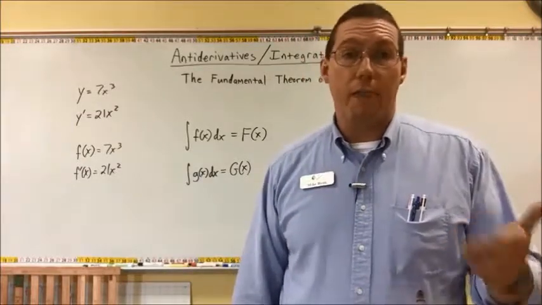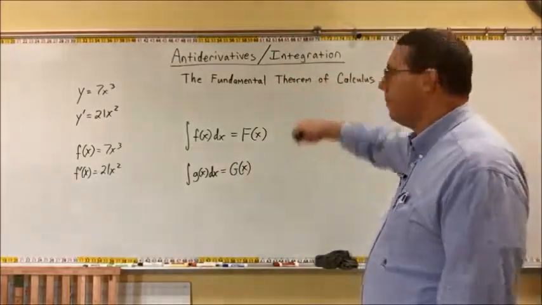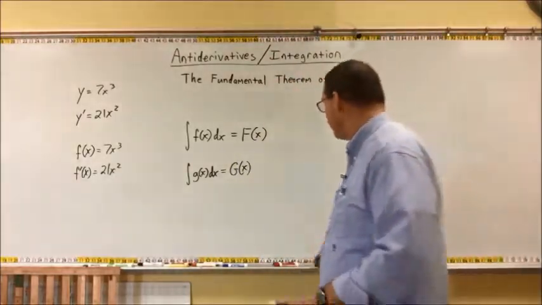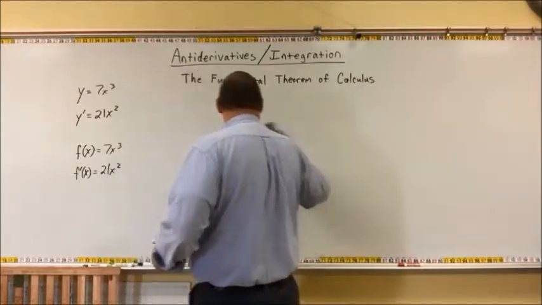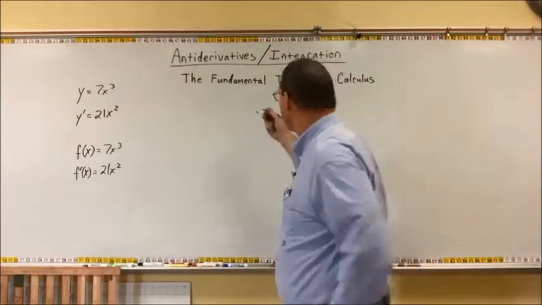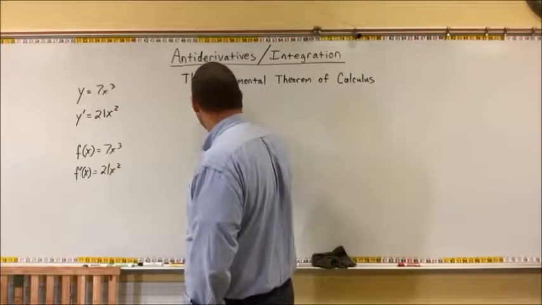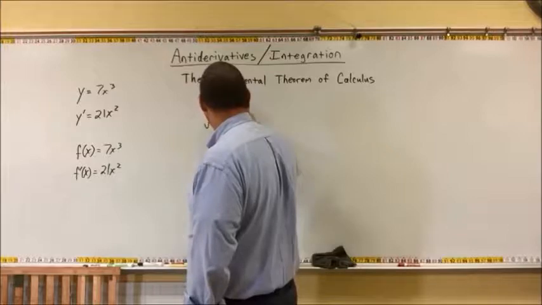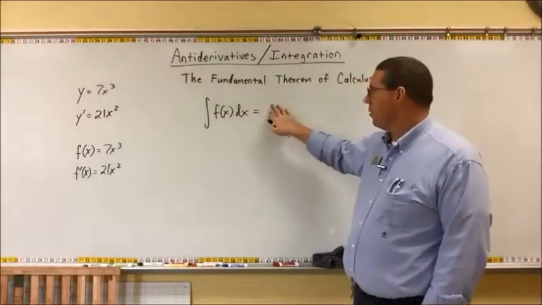If you can understand that, then you will understand what I write when I put the fundamental theorem of calculus up here. I'm going to write something up here. It's an antiderivative of sorts. Now, here's the big difference. The antiderivative of f of x, we already know, is capital F of x.